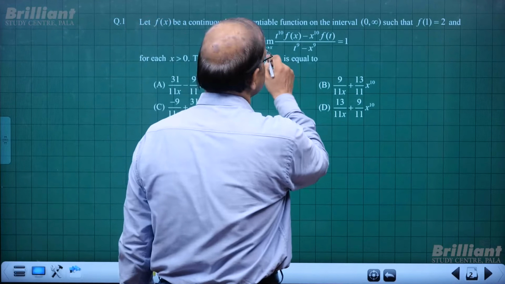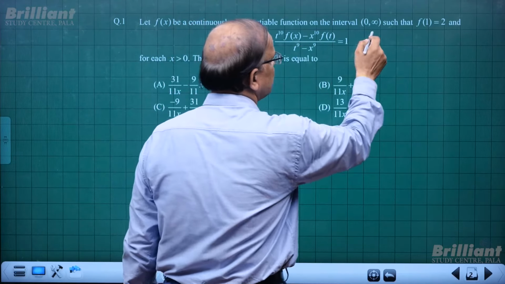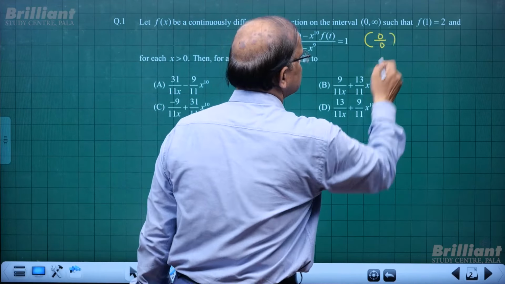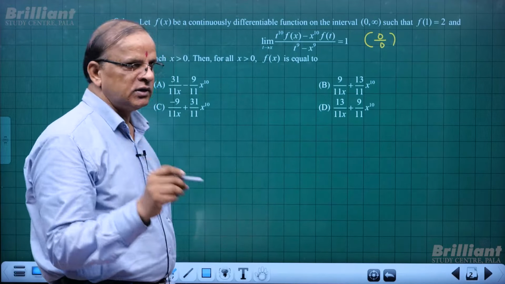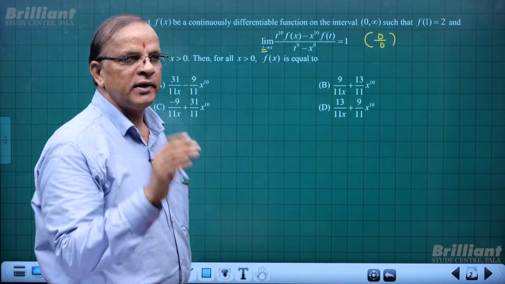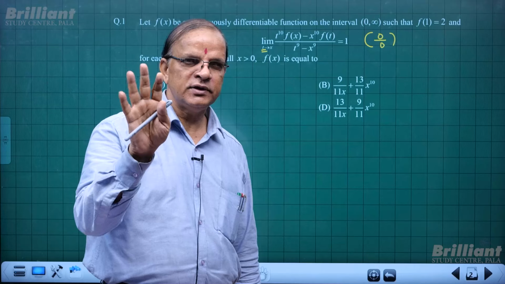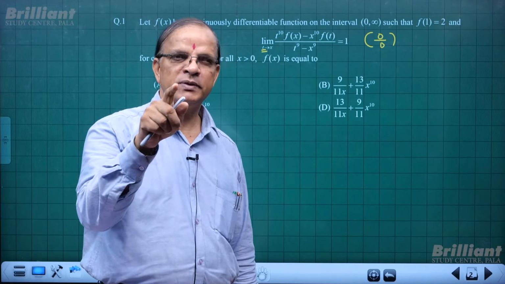See, as t tends to x, the expression with x power 10 and f(x) is of 0 by 0 form. So apply L'Hospital's rule and differentiate with respect to t. Whenever x tends to something, we differentiate with respect to x; whenever h tends to something, with respect to h.